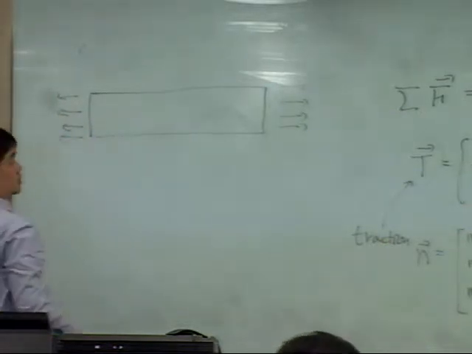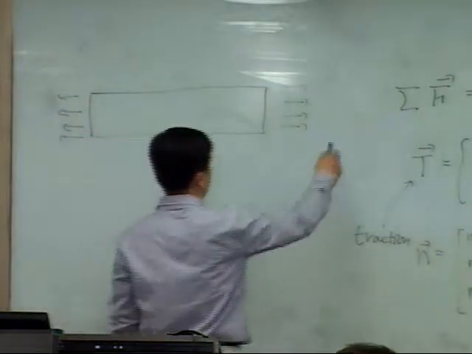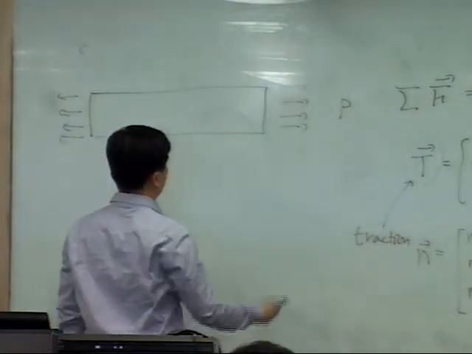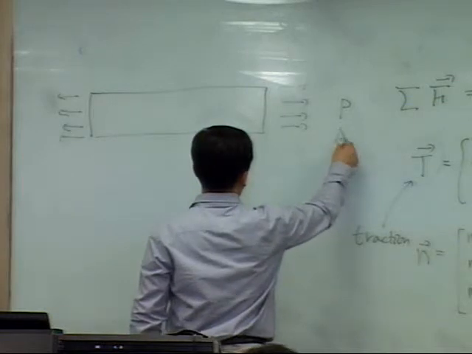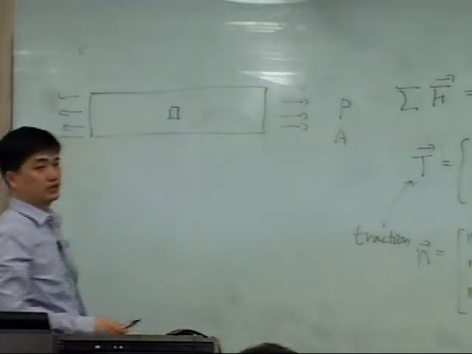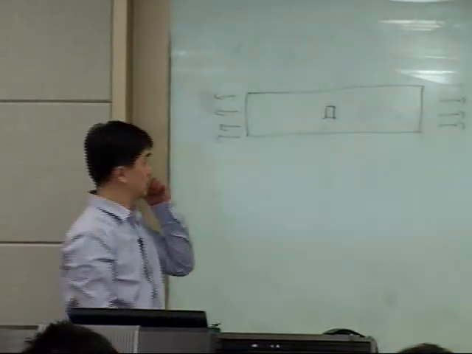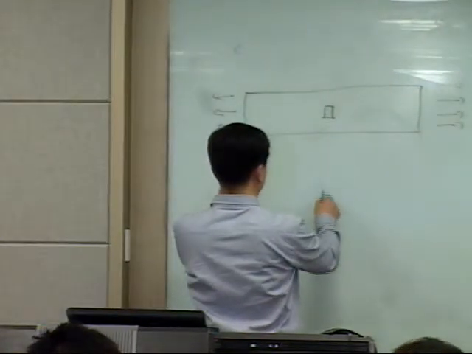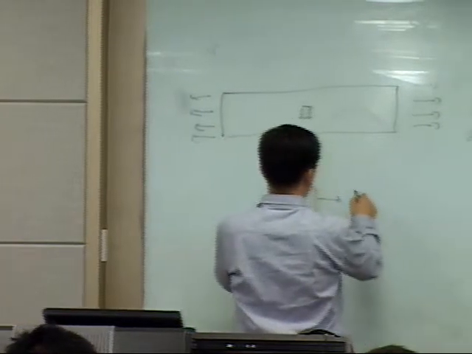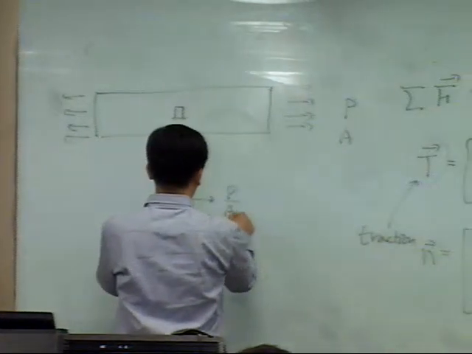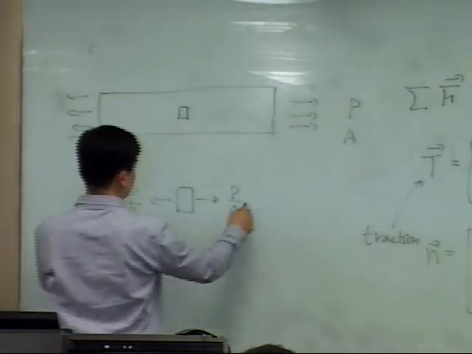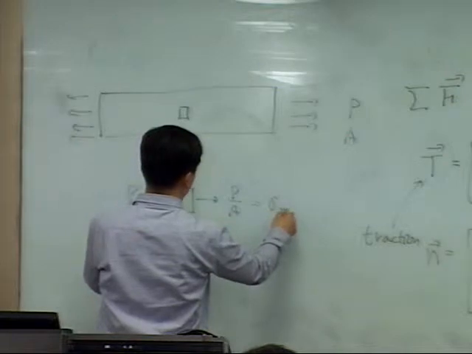Let's say the tensioning force is P and the area is A. So in this 1D body, our stress state will be P over A. This is stress sigma xx.